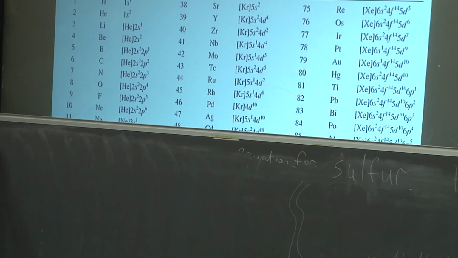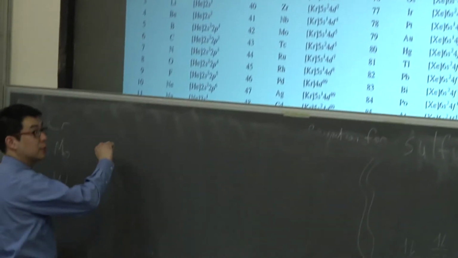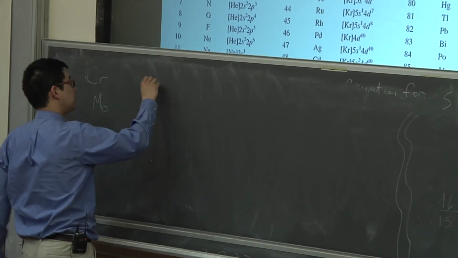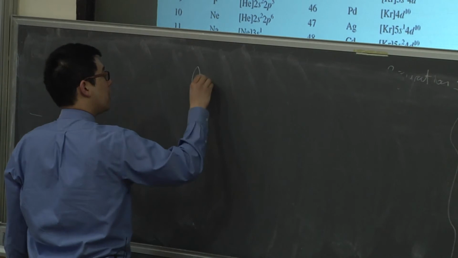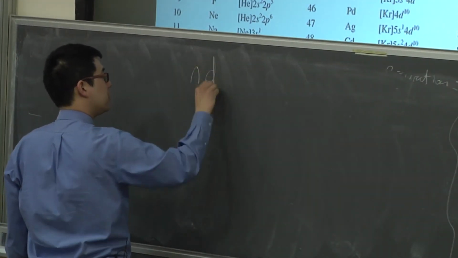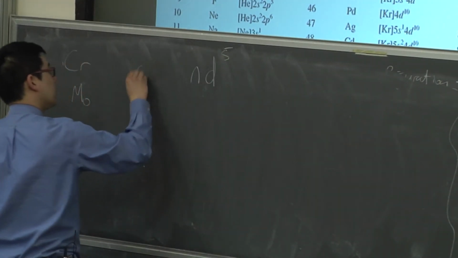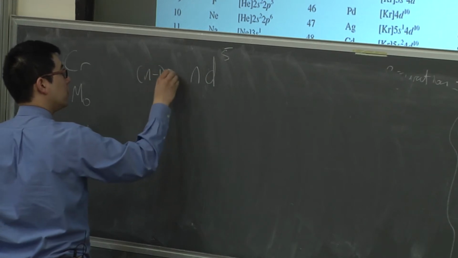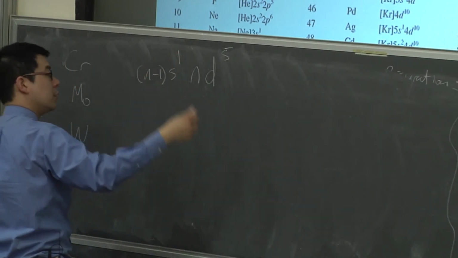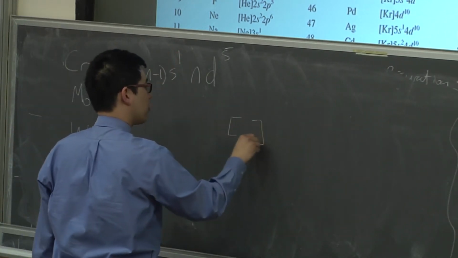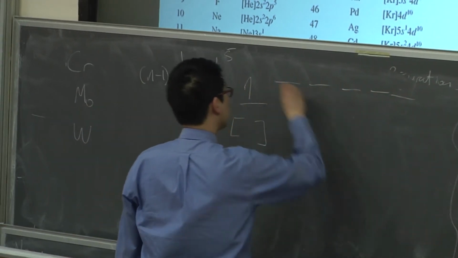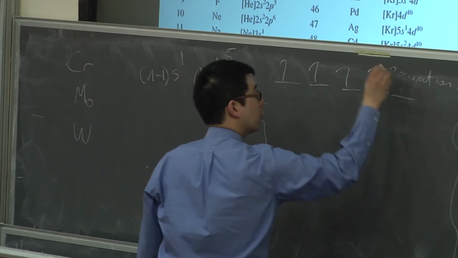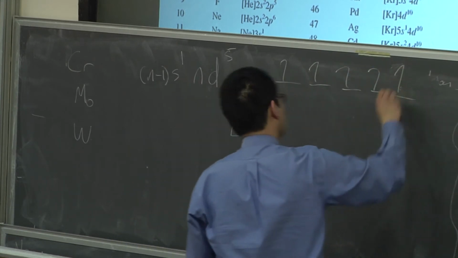So for chromium, molybdenum, and tungsten, they're always going to be nd5, (n-1)d5 ns1. So that's going to have your noble gas core plus 1, 2, 3, 4, 5.